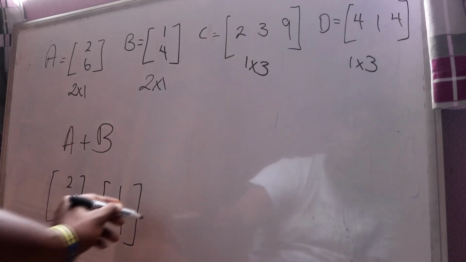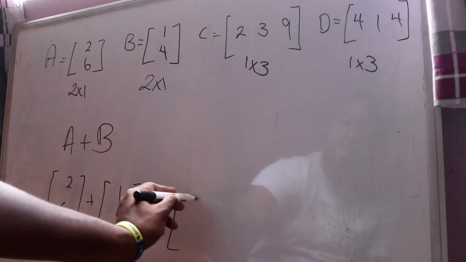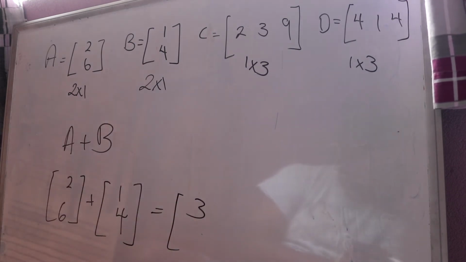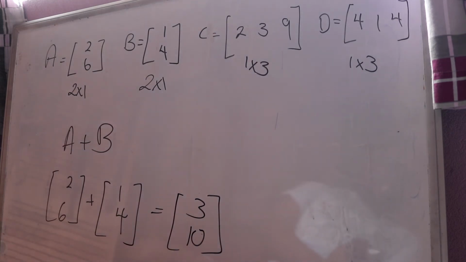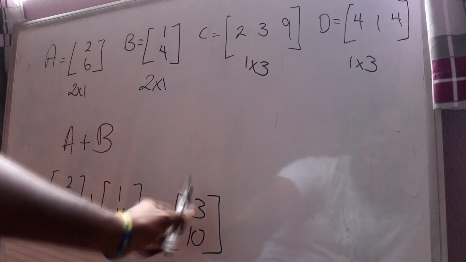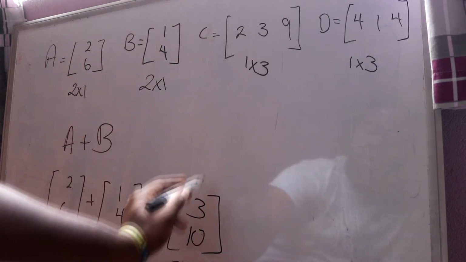So 2 plus 1 gives us 3, and 6 plus 4 gives us 10. Sorry for writing downhill, but as you can see, the answer has the same order as the 2 matrices before. So this has 2 rows and 1 column.